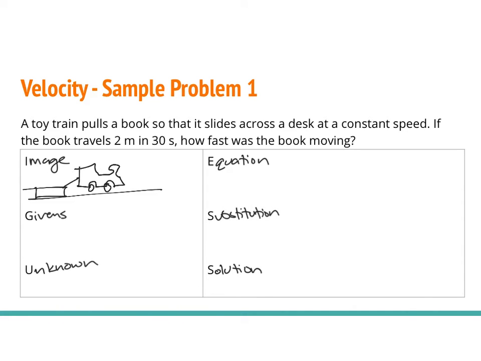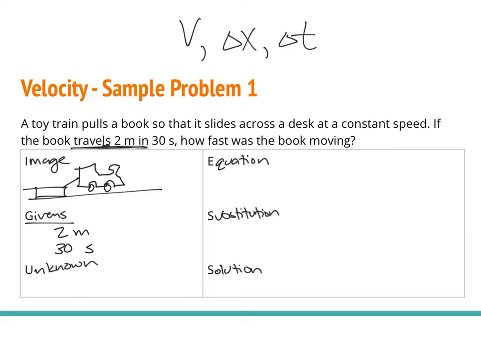Then in givens, we write down the things that were given to us in the question. The question says the book travels 2 meters in 30 seconds, so we put down 2 meters and 30 seconds. But what we really need to know is what these things are talking about, whether they're talking about v for velocity, delta x for a displacement, or delta t for a time.